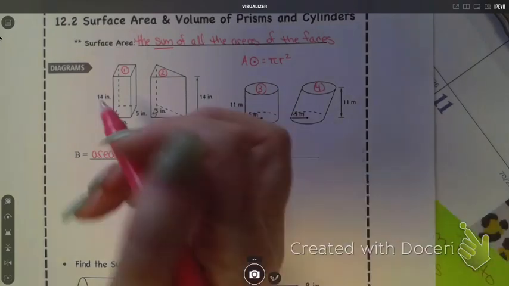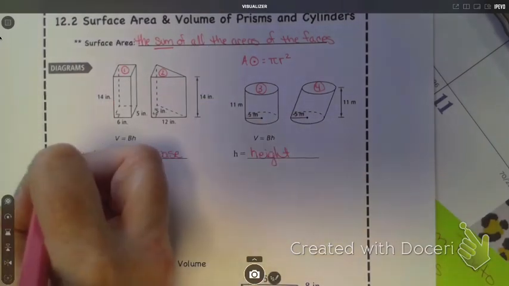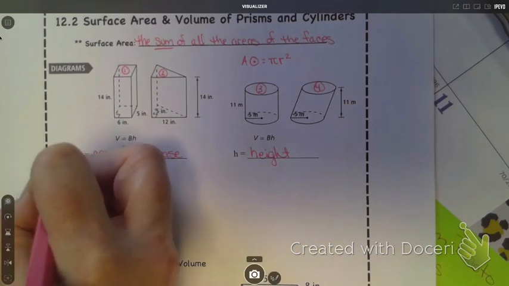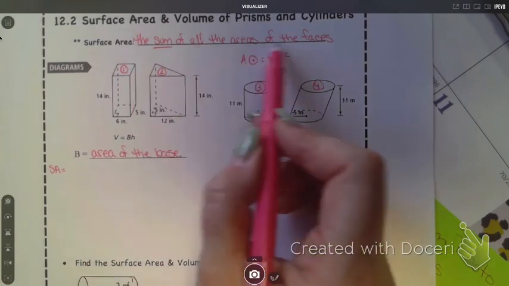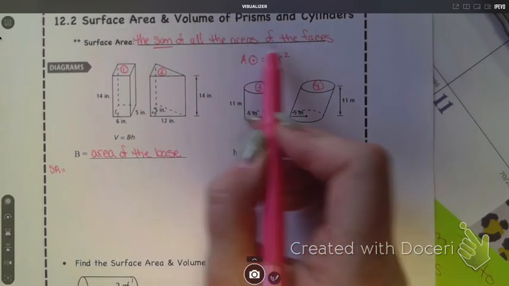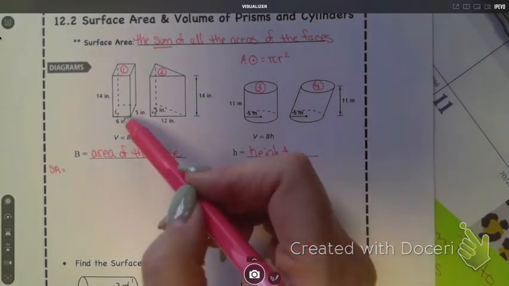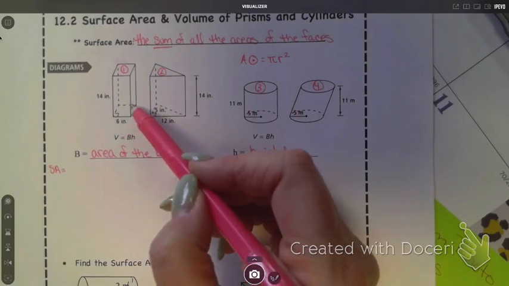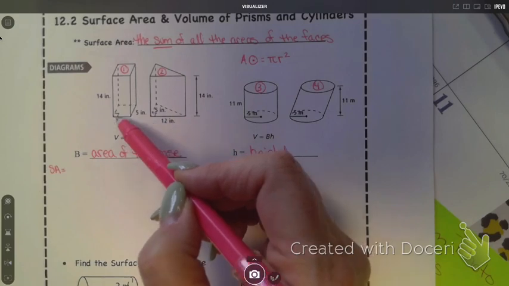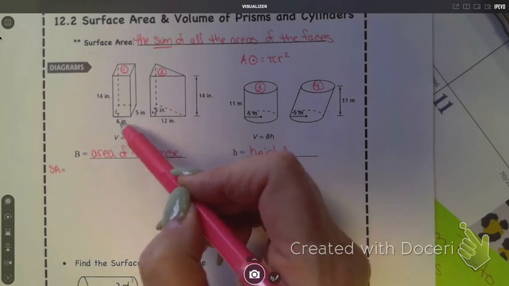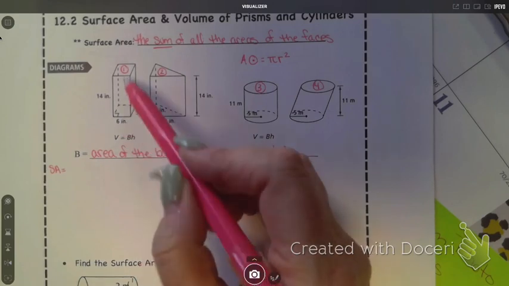Okay, so we're going to start with this, and we're going to start with surface area. Can you see this pink okay? Surface area is the sum of all the faces, the areas of all the faces. So if I call this a base down here, do I just have 6 by 5? No, you have the top, don't you?